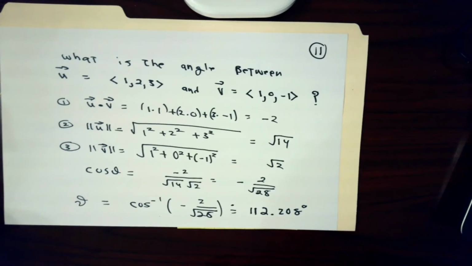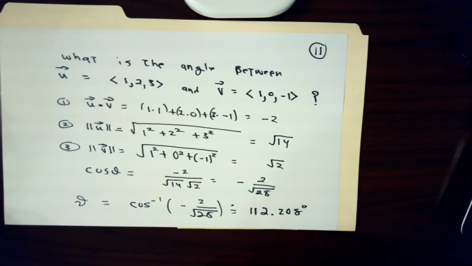Secondly, the length of u is the square root of the sum of u's components squared: the square root of 1 squared plus 2 squared plus 3 squared, which works out to be square root of 14. The length of v, you take 1, 0, negative 1, square all of those numbers and add them up. The length of v is square root of 2 units.